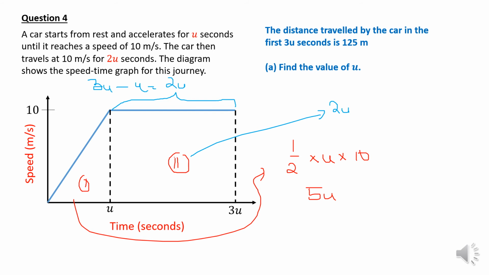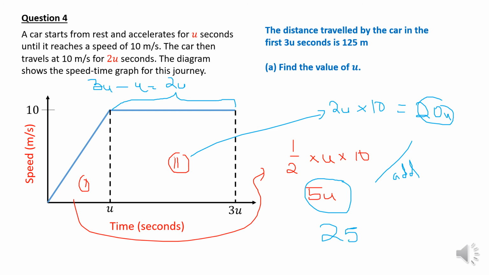So it's 2u times the height, which is 10, and that gives you 20u. Now you have your area of the rectangle and your area of the triangle. If you add them up, you're going to get like terms: 25u, and we are told that is equal to 125.